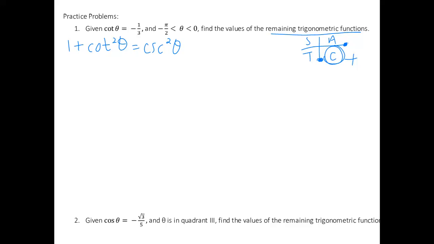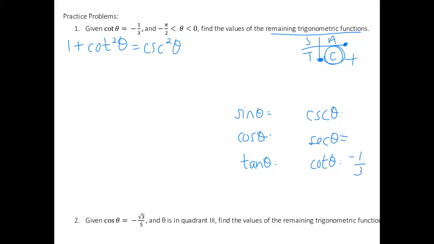So if you wanted to, one thing that you could do is, let's write out what all we need to find: sine, cosine, and tangent. And then we'll need cosecant, secant, and cotangent, which they actually did give us, so we can fill that one in. It's negative 1/3.